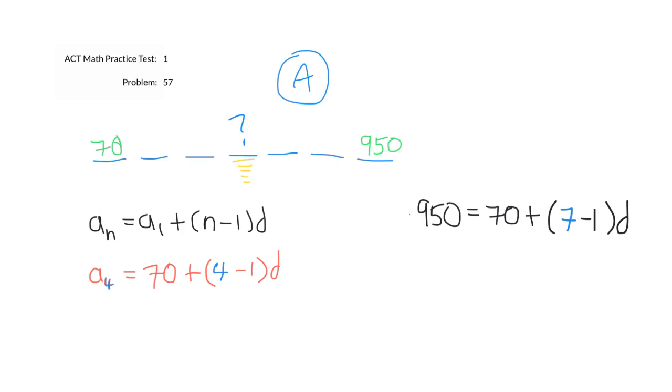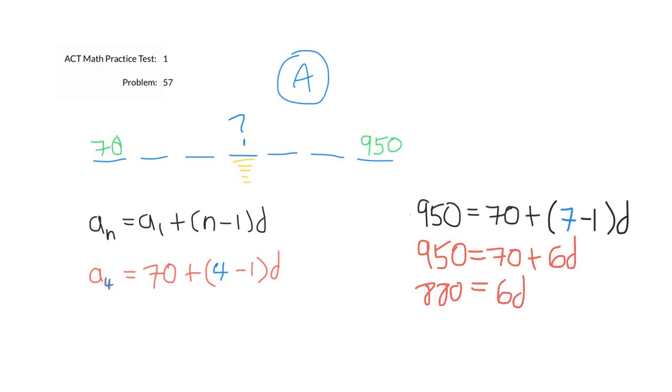So on the next line, it would be 950 equals 70 plus 6 times d. And 950 minus 70 is 880. So 880 equals 6 times d.